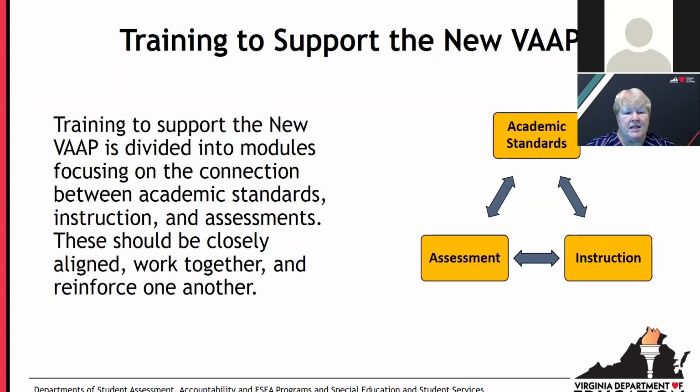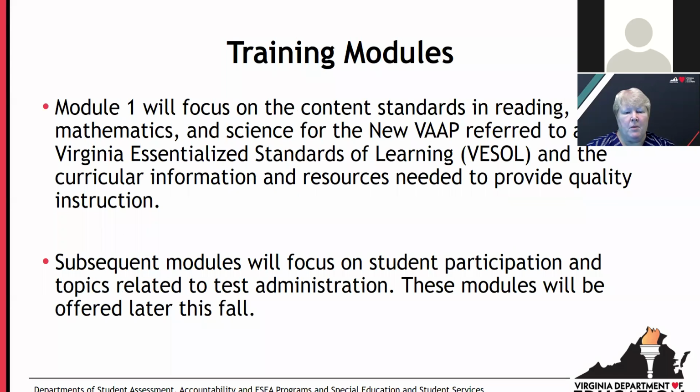If you go to the next slide, Leah, we'll talk a little more about module 1. What we're talking about is the content standards in reading, mathematics, and science for the new Virginia Alternate Assessment Program. Those are referred to as VESOL, or the Virginia Essentialized Standards of Learning. We'll address those in greater detail than we did in the introductory webinar.